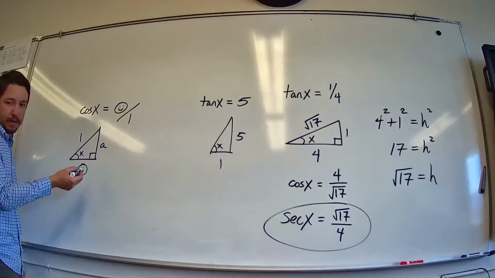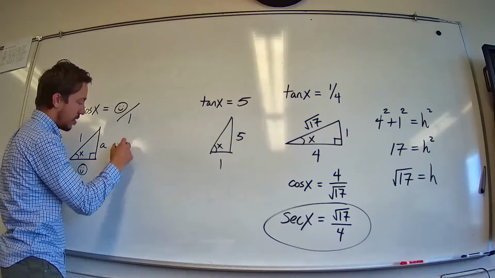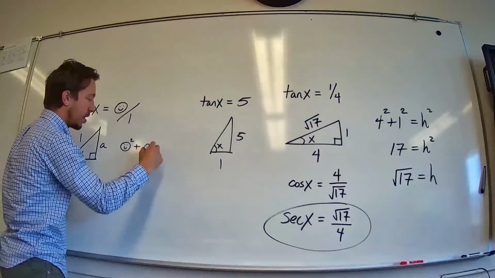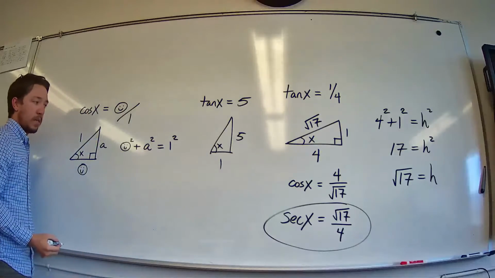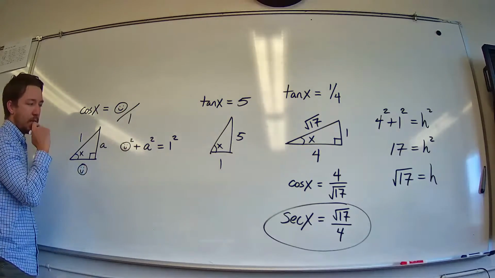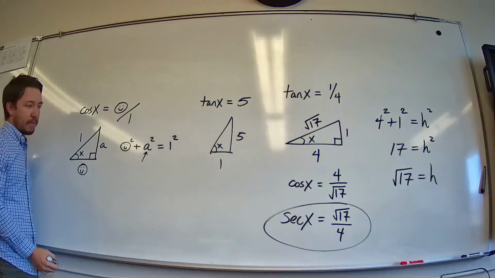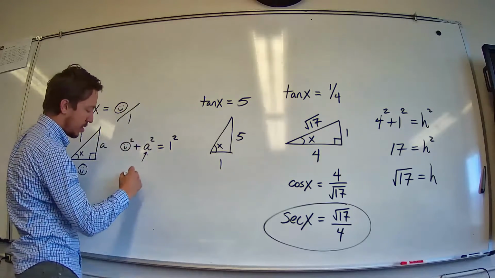And let's set up the Pythagorean theorem. So it's going to be the known side squared plus the unknown thing squared equals the hypotenuse squared. And who am I solving for again? A. I'm solving for it. So let's move this to the other side.